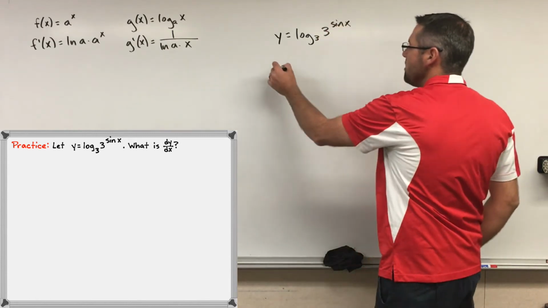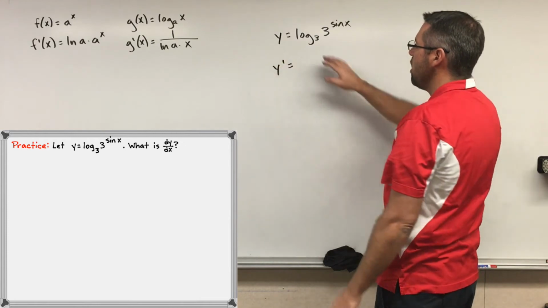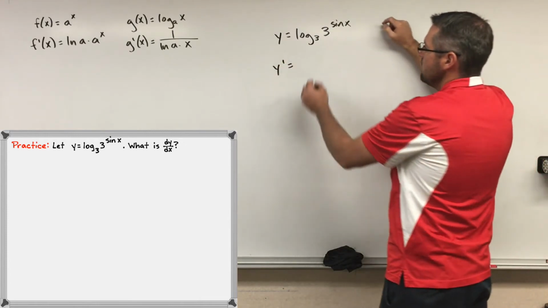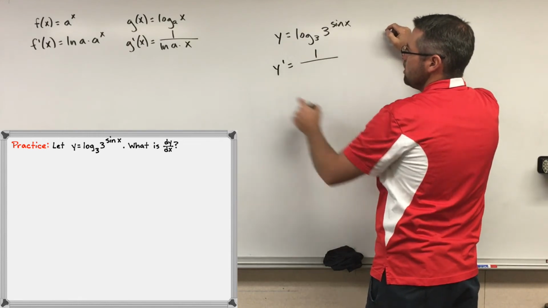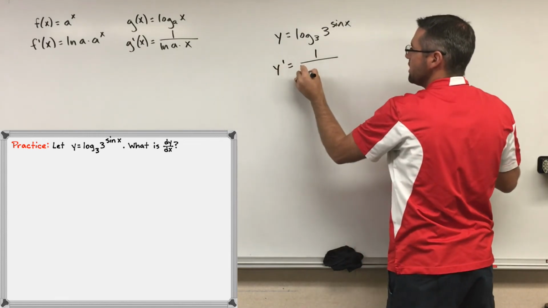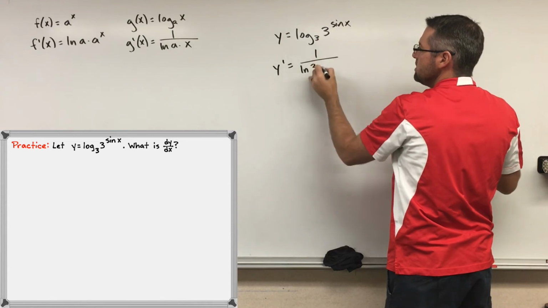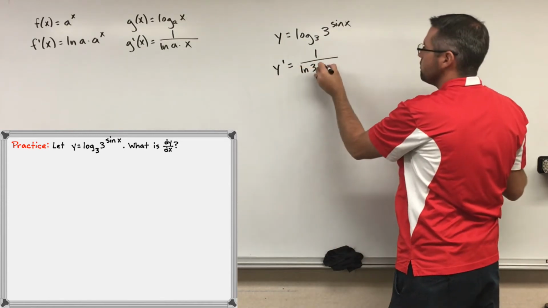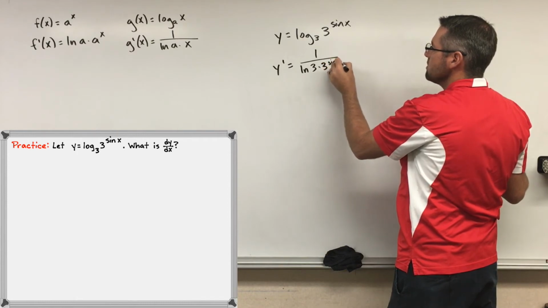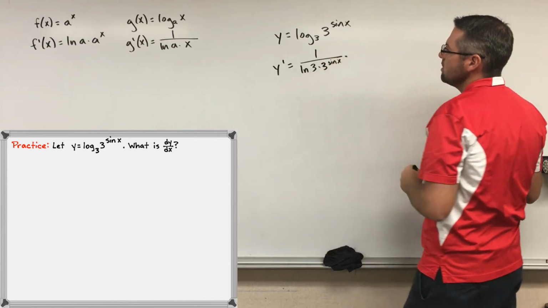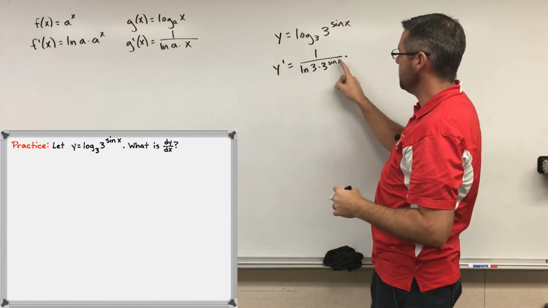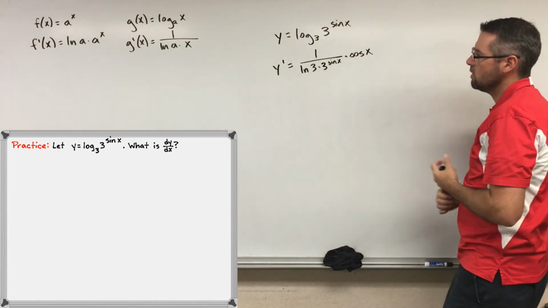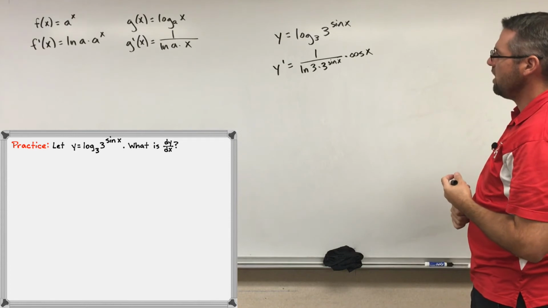So y prime is equal to, this is a log function with an inner function of sine of x, so it's going to be 1 over the natural log of the base, so natural log of 3, times the argument, so times what's inside the log, so times 3 to the sine of x, and then times the derivative of the argument, so the derivative of sine of x is cosine of x. All right? So that's what we have there.